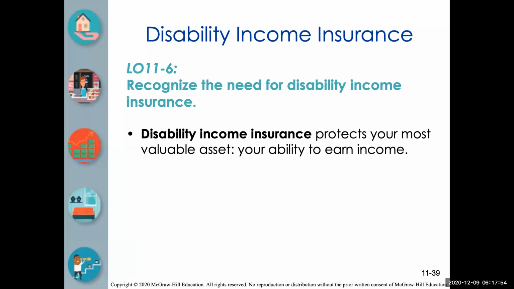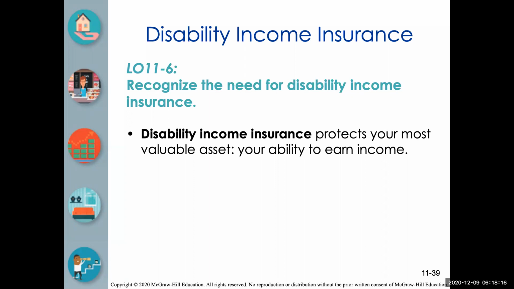It's designed to protect your most valuable asset, and that's your ability to earn income. You're not spending the money that you're spending to be in class for 4, maybe 5 years to just see that opportunity flushed down the drain because of a disability.